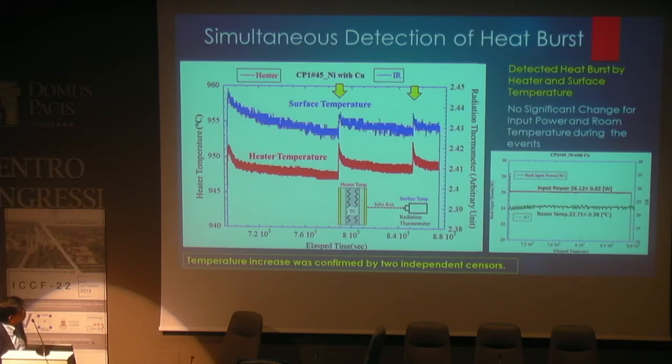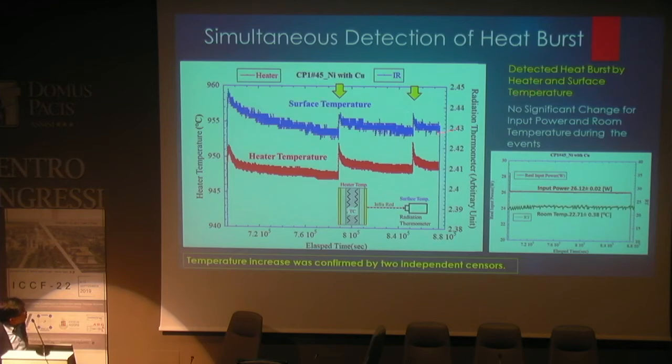This is a view graph for simultaneous detection of heat bursts. In this case, the red line means heater temperature, and the blue line surface temperature by radiation thermometer. As you can see, at this point, heat burst phenomena occur, and simultaneously surface temperature goes up.